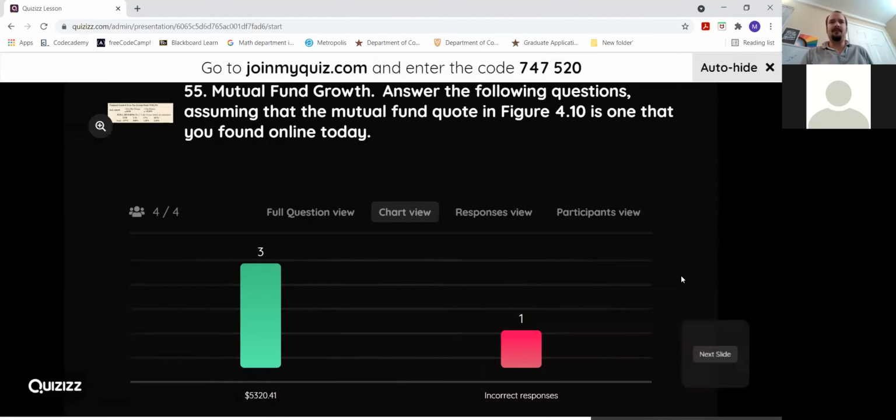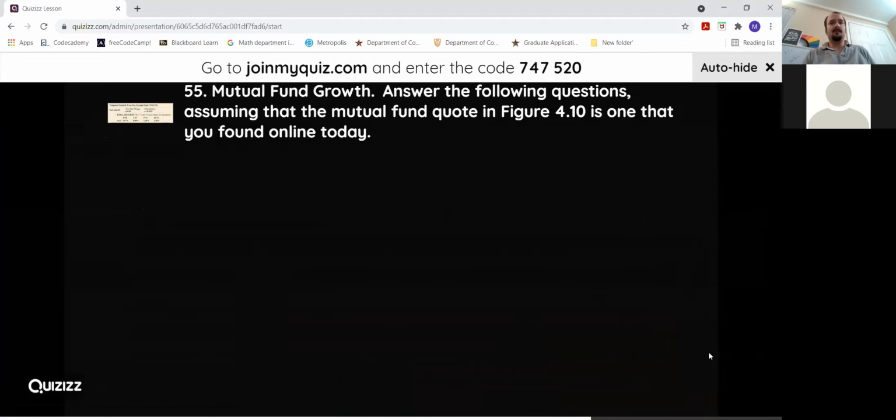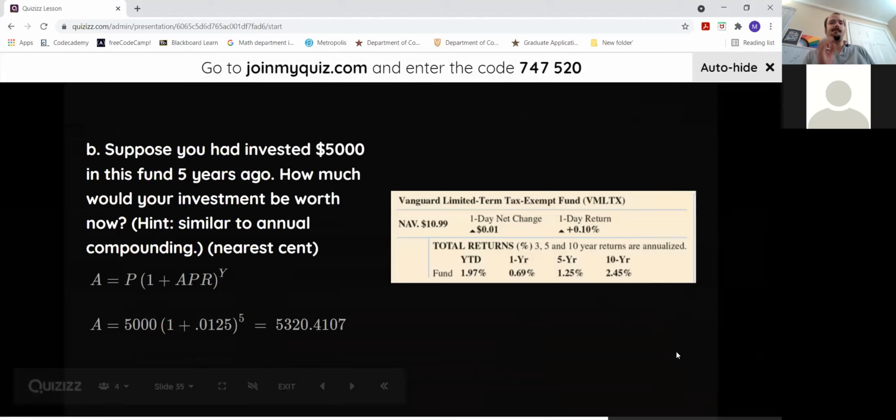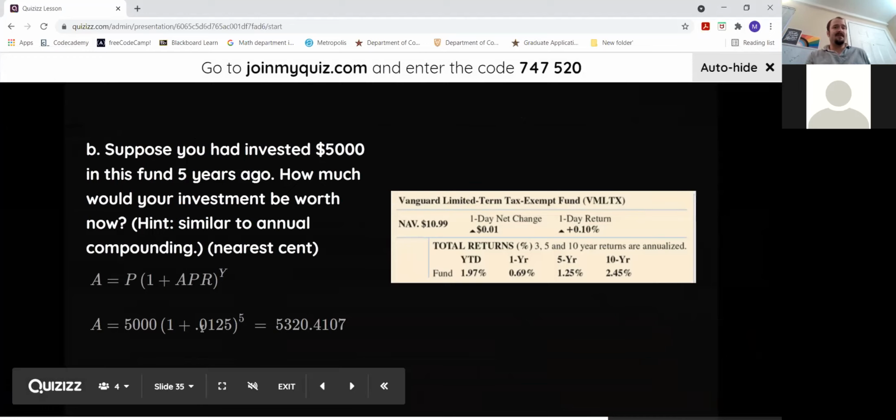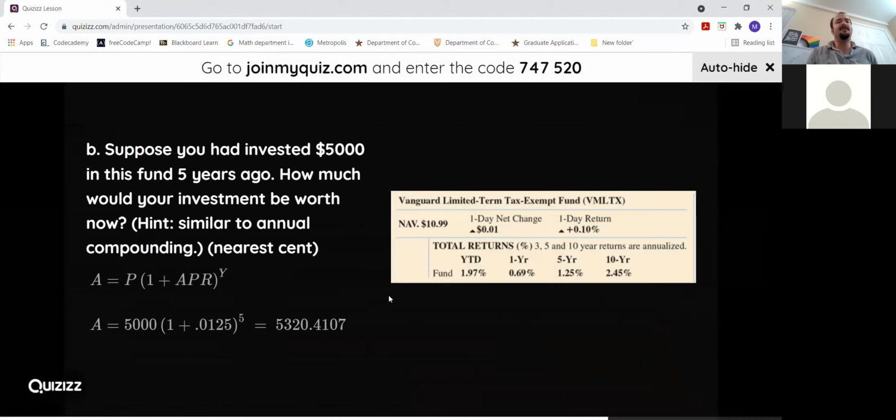Okay, 53, 20, 41. That's it. So we're filling this in like it's compounded once per year. It's the $5,000. If we convert that 1.25%, it's 0.0125. The number of years that we're going is 5 years, 53, 20, 41.